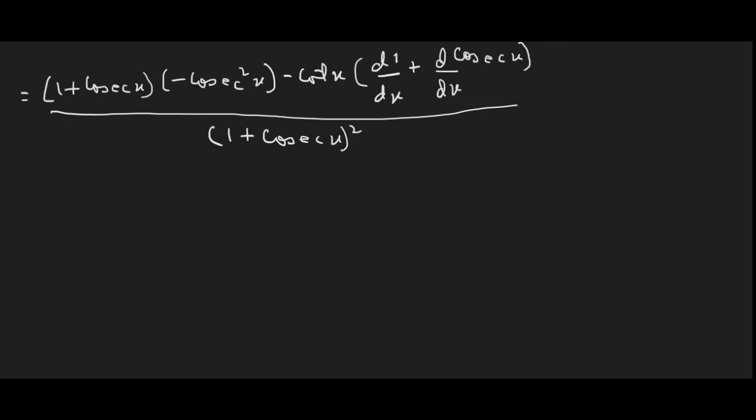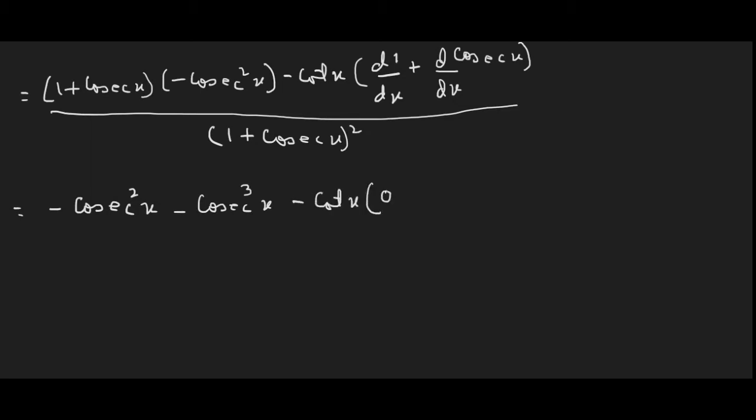Now minus cosecant square x minus cosecant cube x minus cot x.